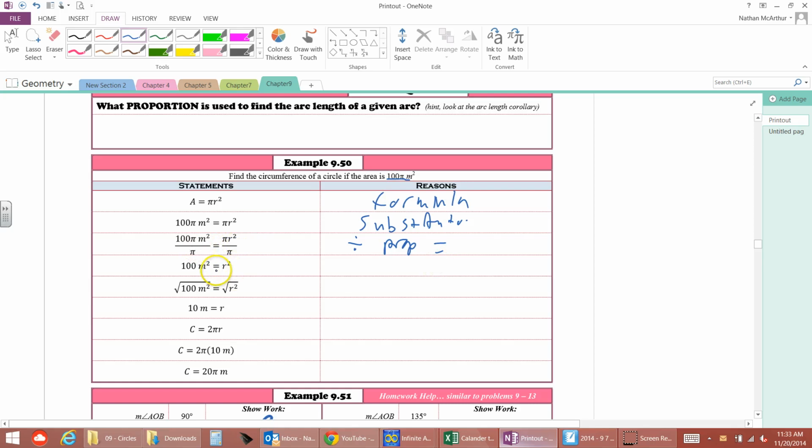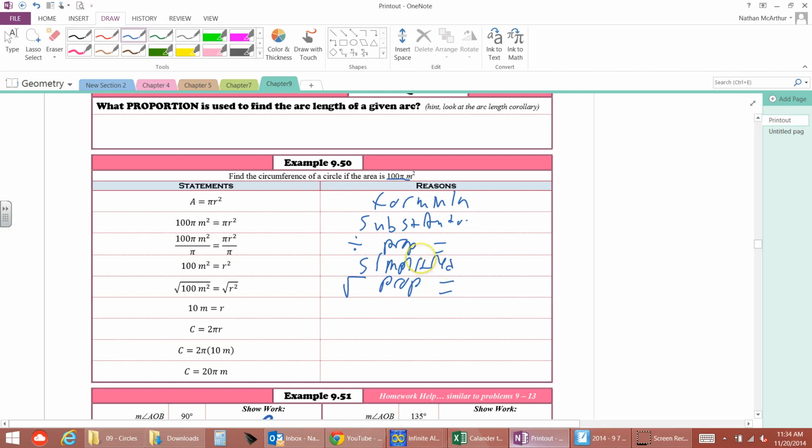And then that gets me to here, 100 meters squared equals r squared, okay? And then from here, I have to get rid of the square, right? So I square root, what's this, the square root property of equality. I can square root both sides. From here, it looks like we just simplify the fraction. Simplify.